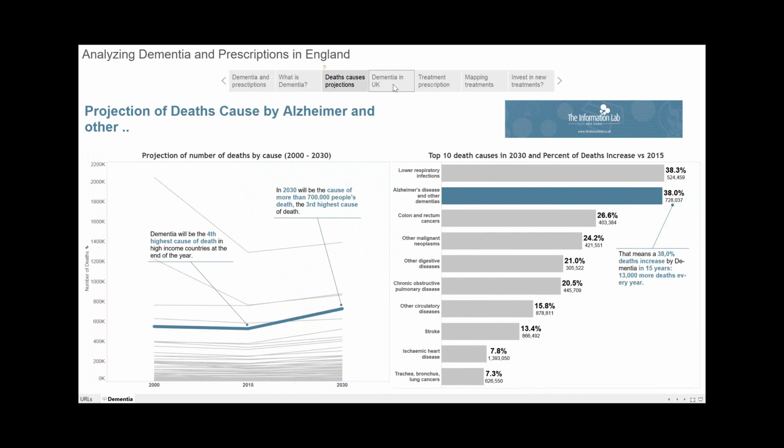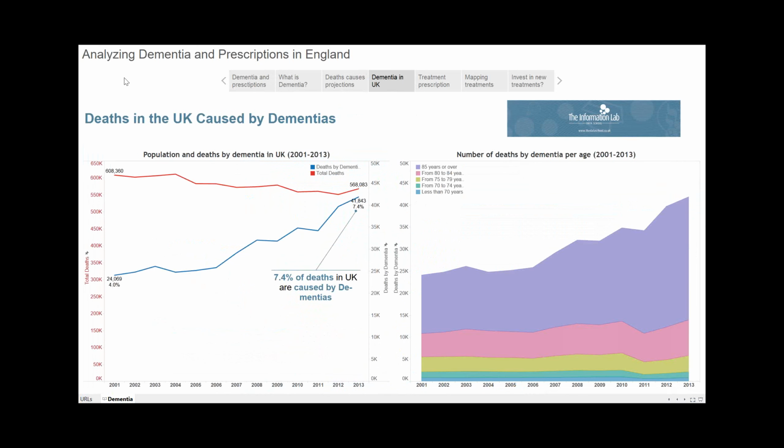In the UK, we can also access some information through different datasets on the web.